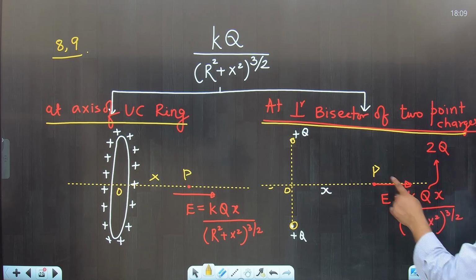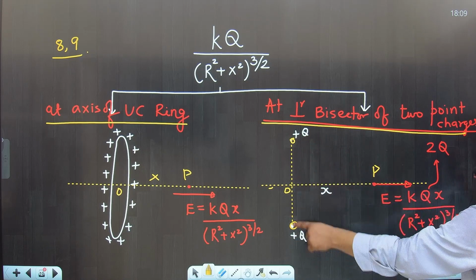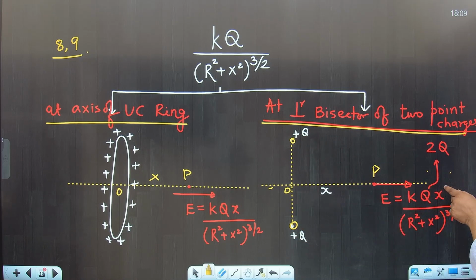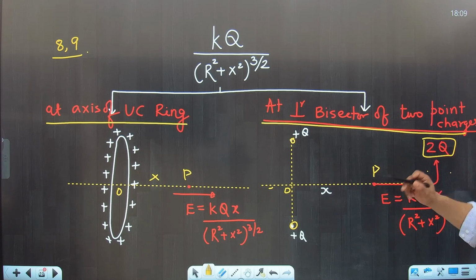In place of q you will write both charges, plus q and plus q, 2q. This is the only difference, but the formula remains the same. All this symmetry is here. So you can write 2q in place of q. It is very important to learn it.